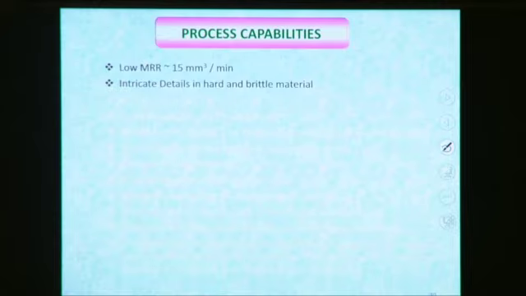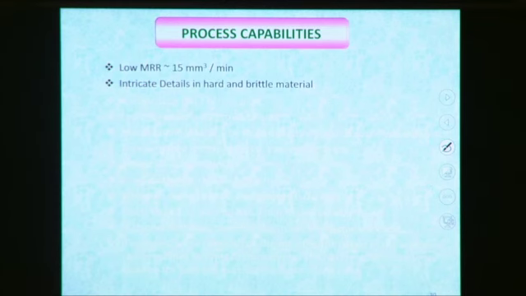Here the abrasive particles, which are in the micron or submicron range, are touching the workpiece surface. Also the nozzle diameter is very small, 0.3 to 0.5 millimeter. So intricate details can be generated on hard and brittle materials.